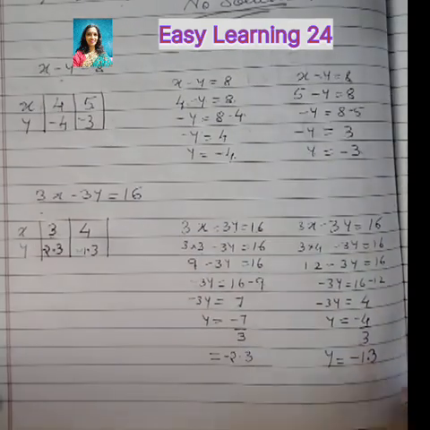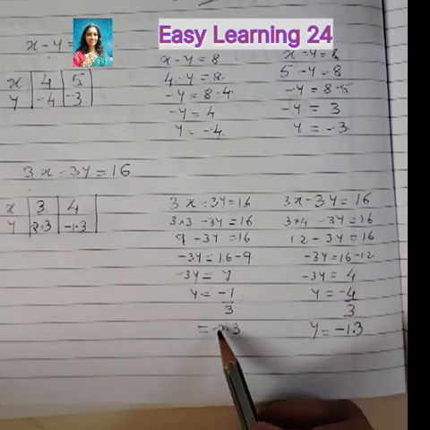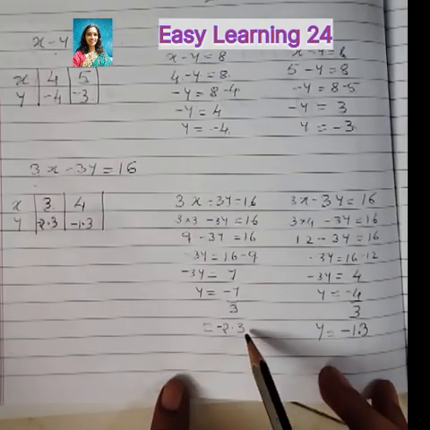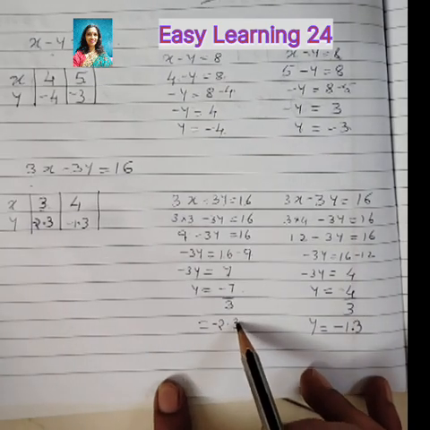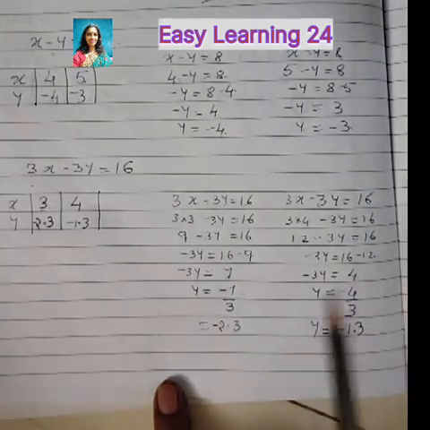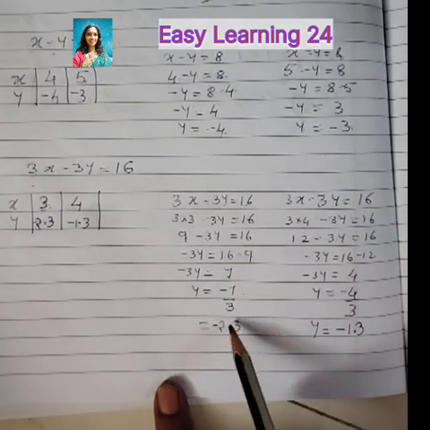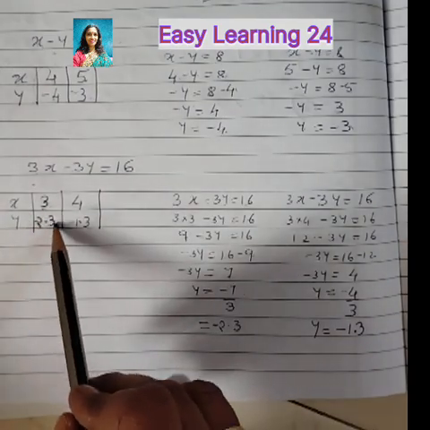Now you get this value in a fraction, and you have to divide it. 7 divided by 3 comes to 2.333, but I have taken only one decimal place, because on the graph paper one place is enough. So the answer is 2.3. When x is 3, the y value is minus 2.3.